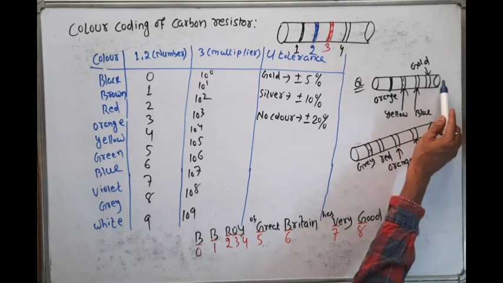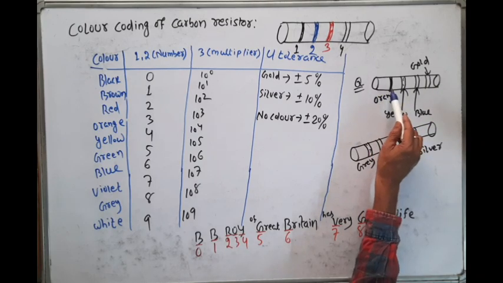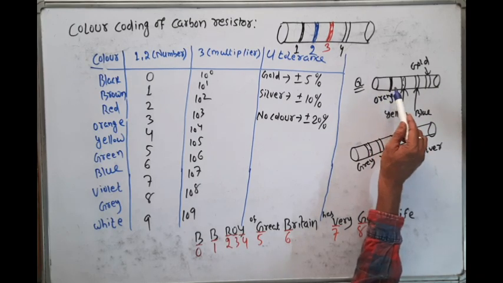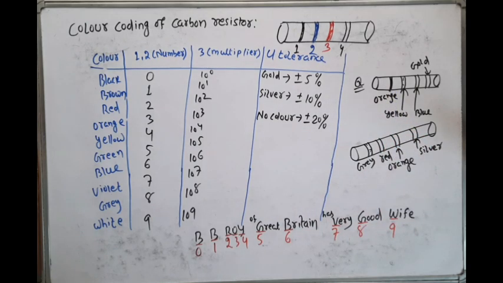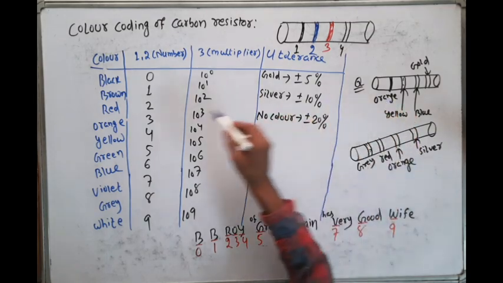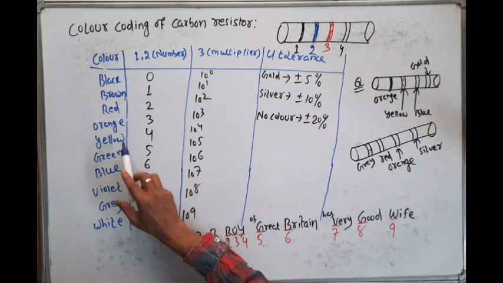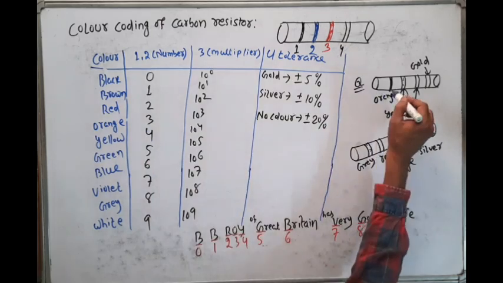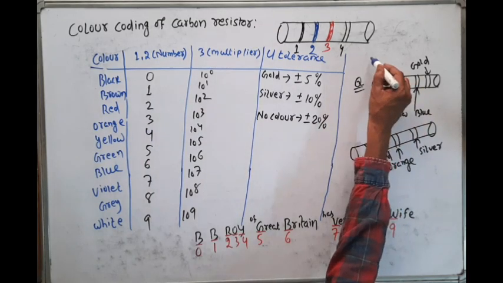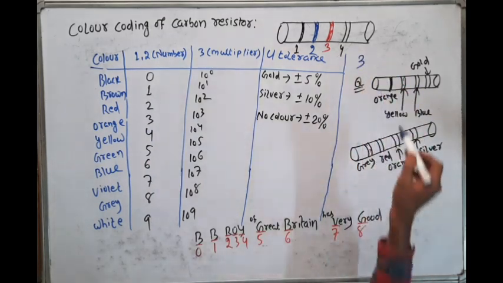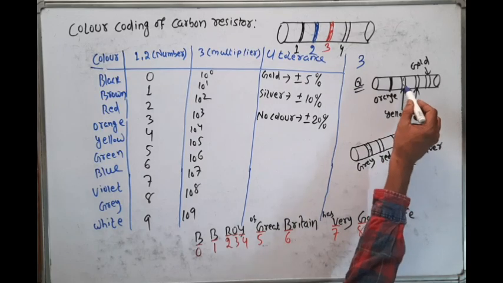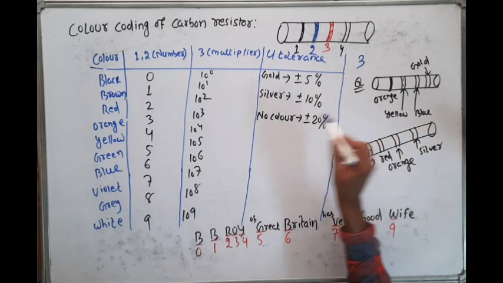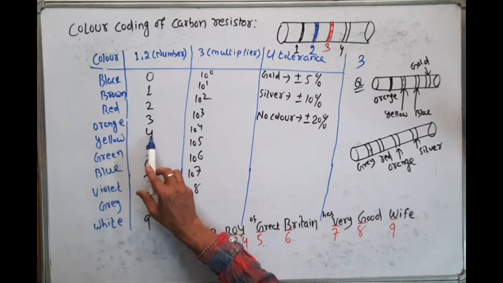Suppose this is a carbon resistor. The first band of the color is orange. So orange means, from this table, the first digit will be 3. Then the second band is yellow, and yellow is 4.